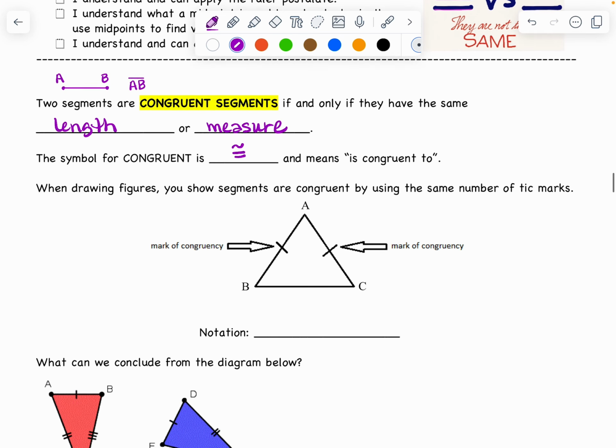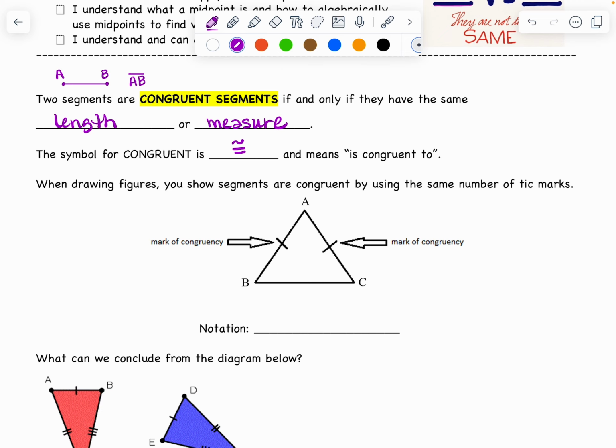Typically, we use this a lot when we have pictures, right, such as this triangle that we're looking at. We know in a picture, the picture always tries to tell us, it always gives us clues, right? And your job as a geometry student is to be a clue finder, right? And so obviously in this picture, these tick marks, let me highlight them, right?